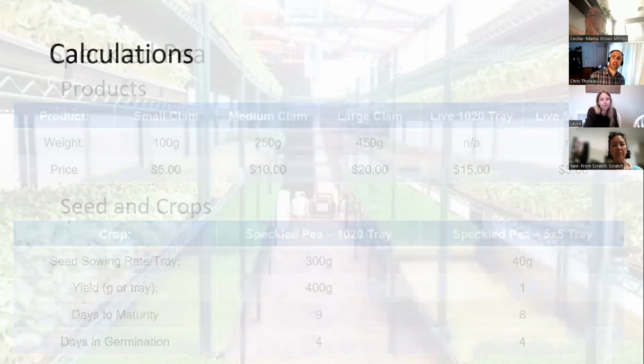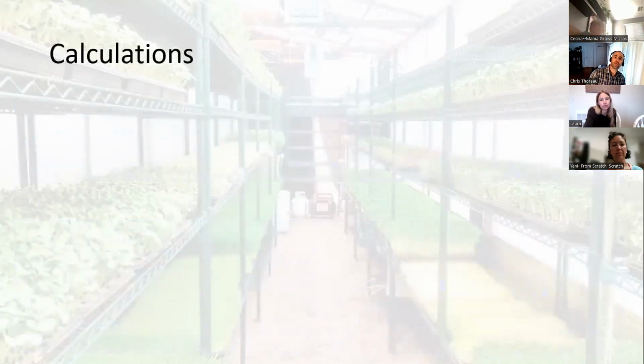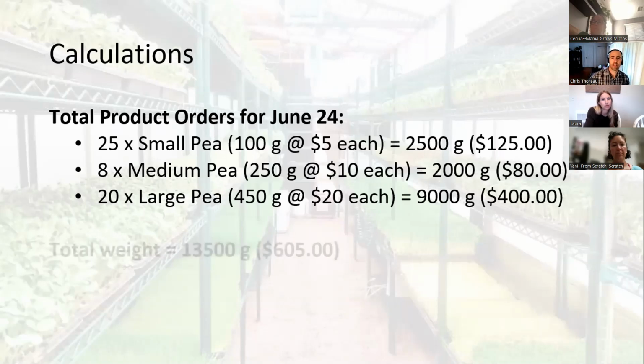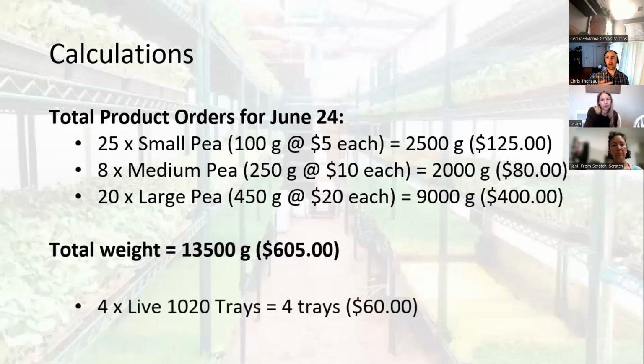We did some of these calculations last week. We imagined an order for June 24th, which is our set harvest date, in which we had 25 small pea, 8 medium pea, and 20 large pea, each with their own weights. We can do a simple calculation there, which gives us our total weight. Then we'll throw some live trays on that in order to make things a little more complicated, but not really.